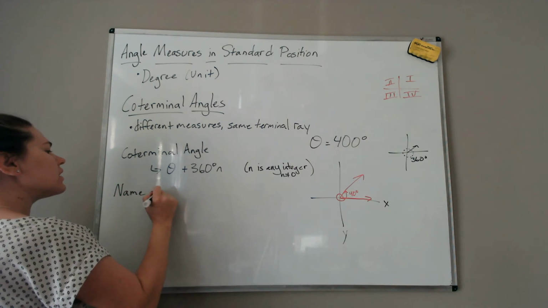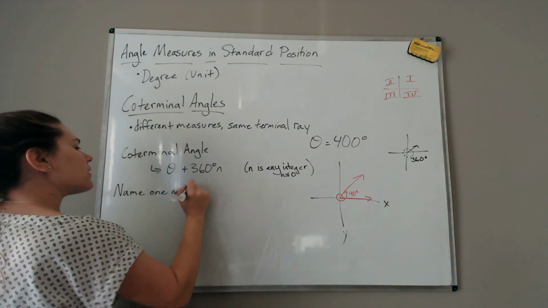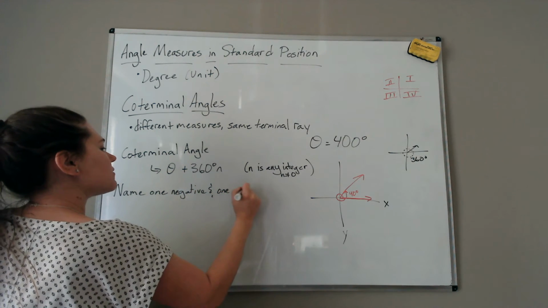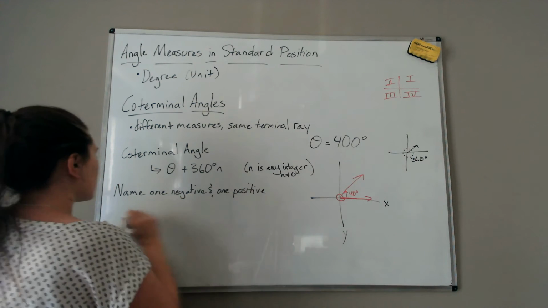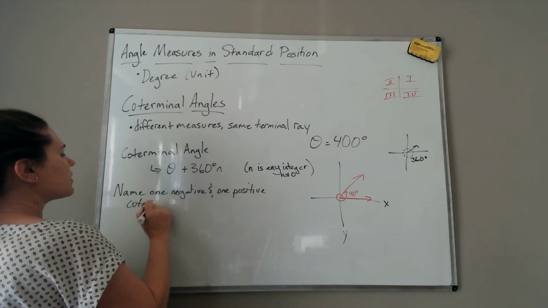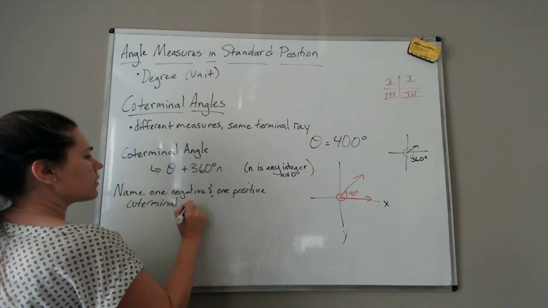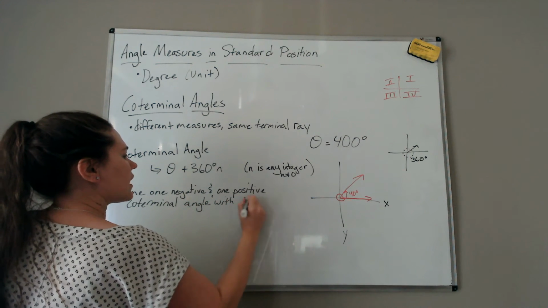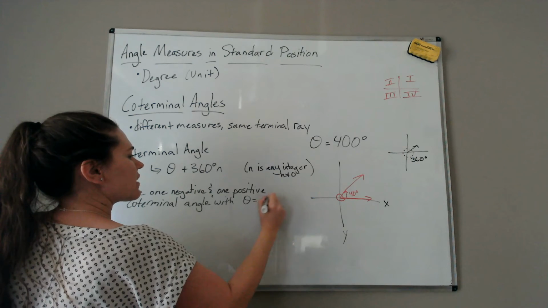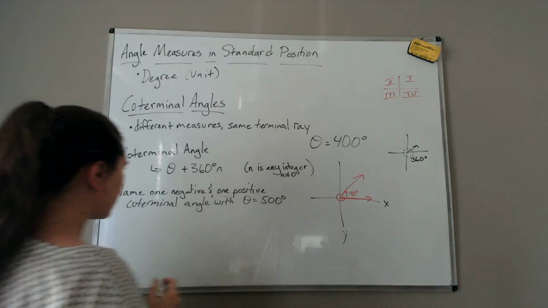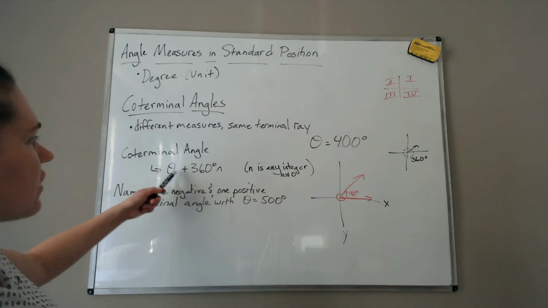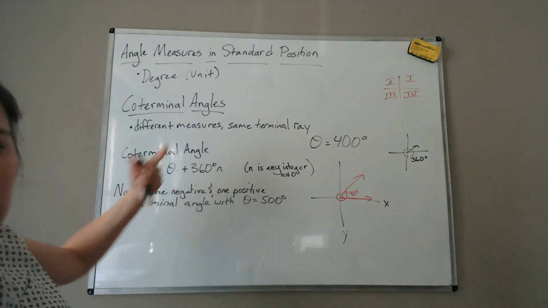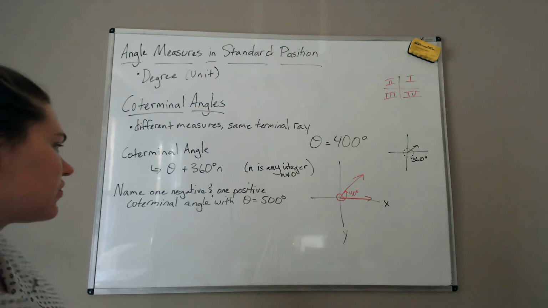Name one negative and one positive coterminal angle with theta equal to, let's say, 500 degrees, okay? Now notice, this also accounts for negative, because if I was to let n be negative 1, that means you're also subtracting 360.